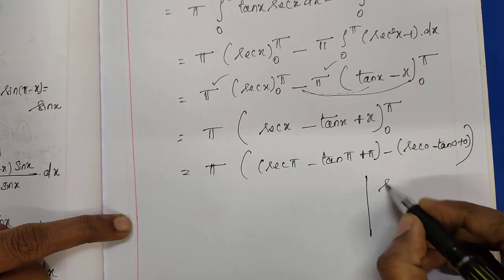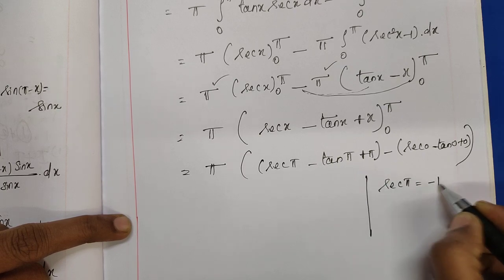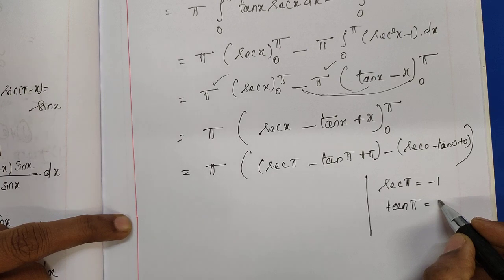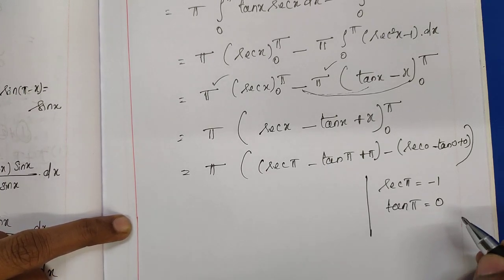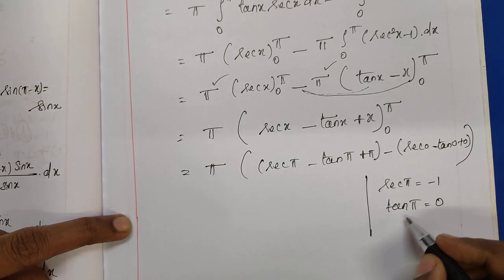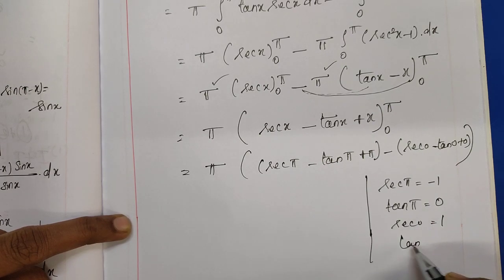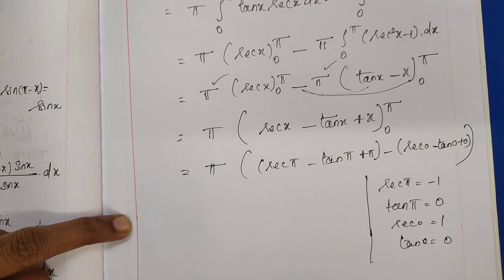We know that secant pi is equal to minus 1 and tan pi is equal to 0. Secant 0 is 1 and tan 0 is equal to 0.